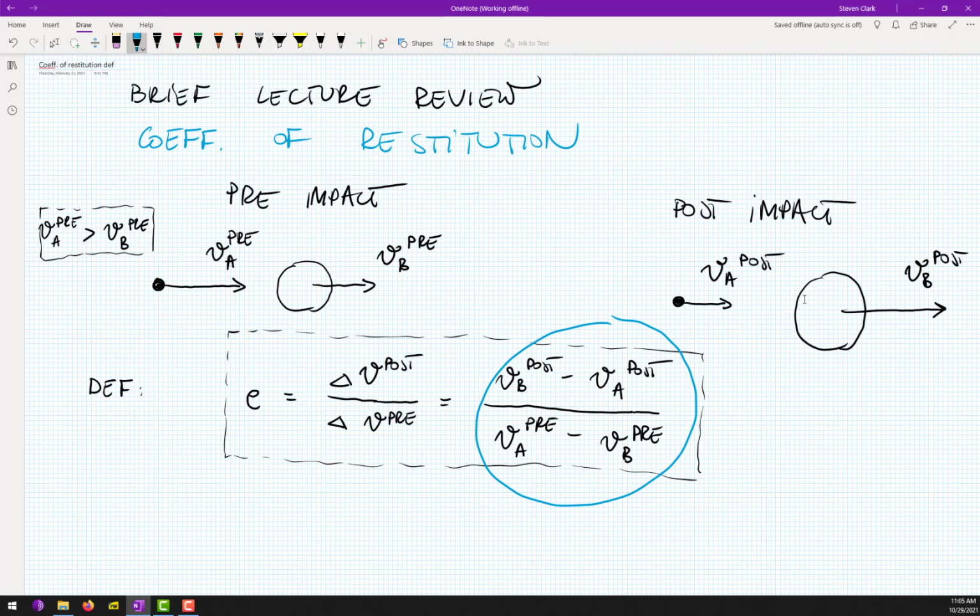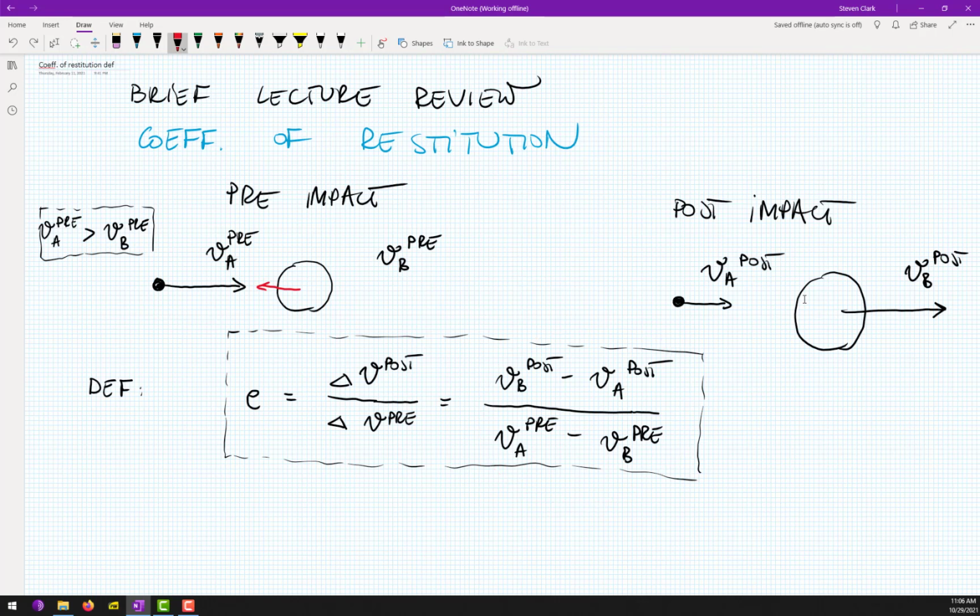In other words, this equation corresponds to a situation where every single velocity points to the right. But now we can have a situation pre-impact where these guys are coming closer to each other, and the velocities face each other. It is possible. So what should I change in this expression so that it is true?